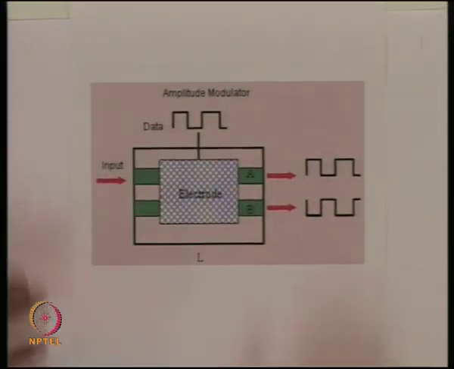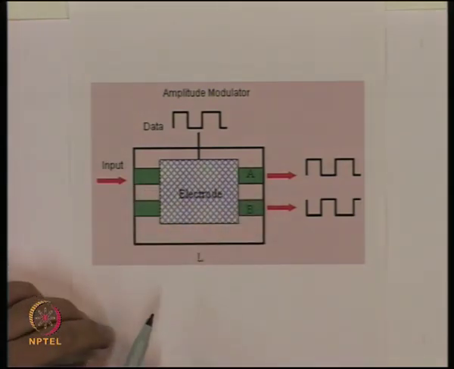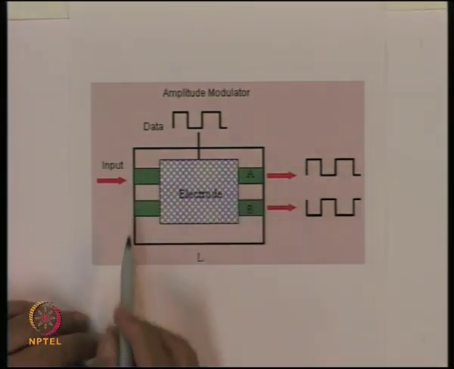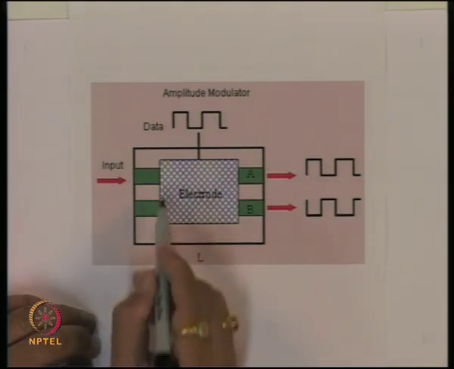So, here is the directional coupler, these are the two channel waveguides A and B. We are exciting this waveguide with the optical signal here, and we have an electrode.